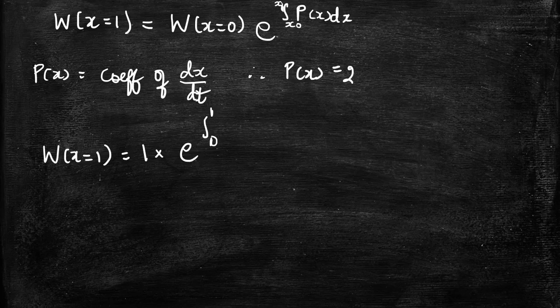That is, it is from x0 to x1 over here. So p of x is 2 dx. There is a small change, there is a negative sign over here.